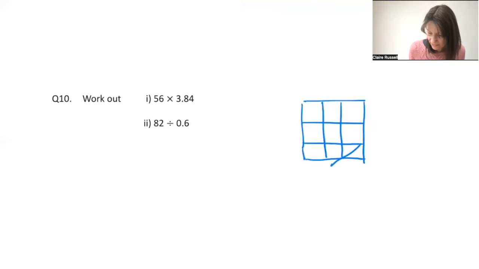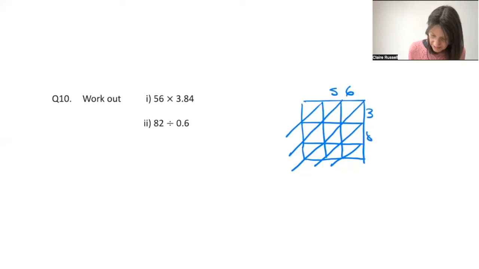Okay, so you set your grid up. 56 times 3.84, obviously ignoring that decimal point to start off with, as always. Populate all the times tables and then start adding them out.